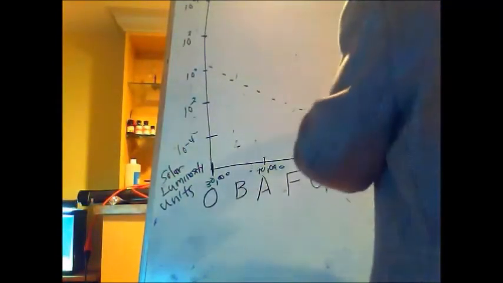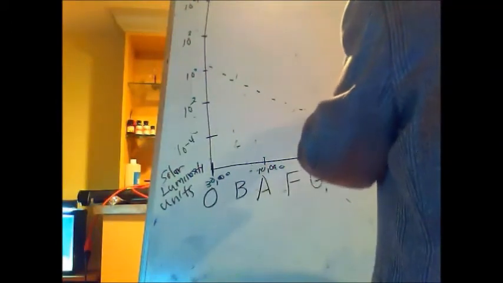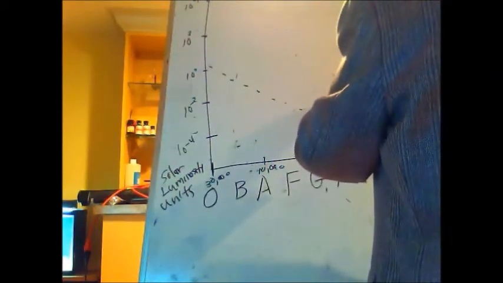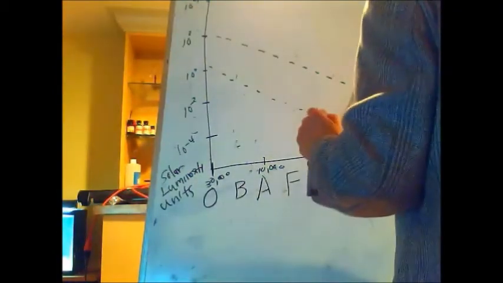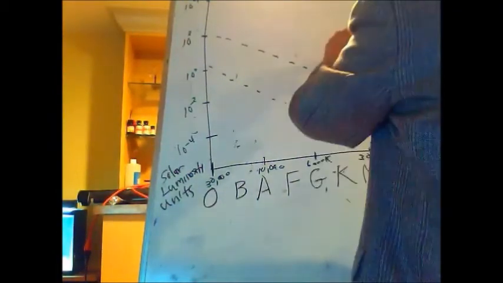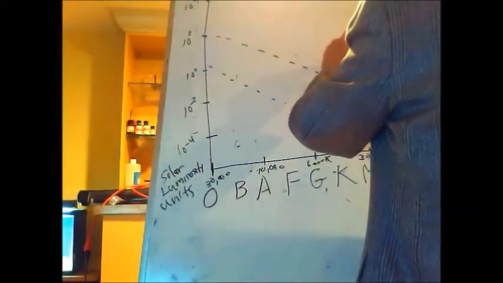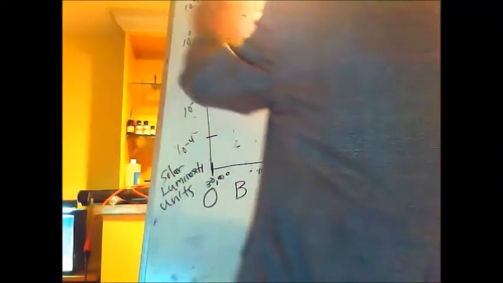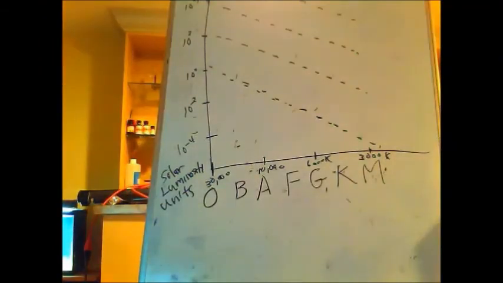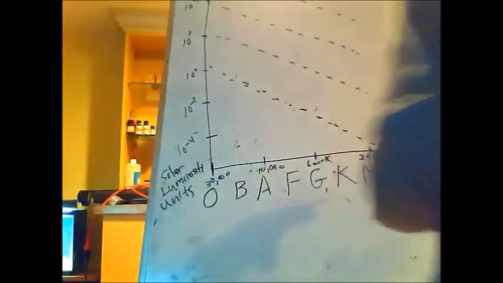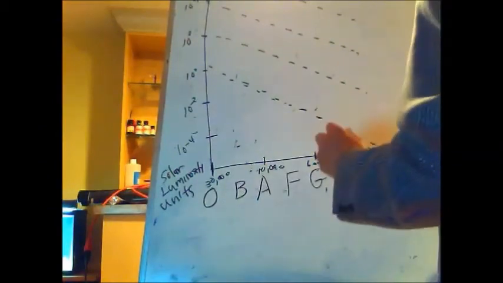Another one that would be, let's say, up about here and extend up to about here. Another line that will go from about here to here, and then we'll have another line up. So along these lines, these lines are going to represent different radii.